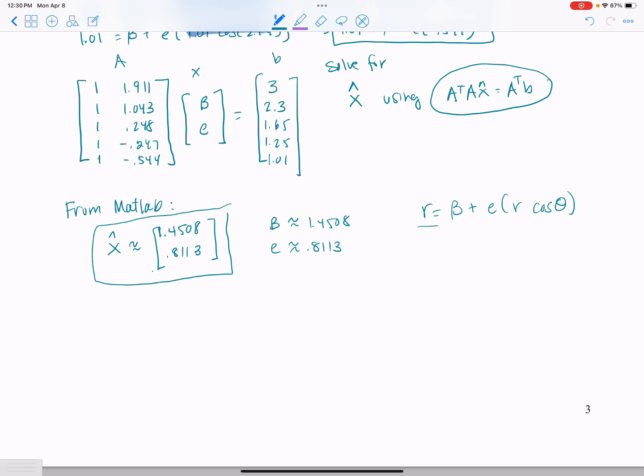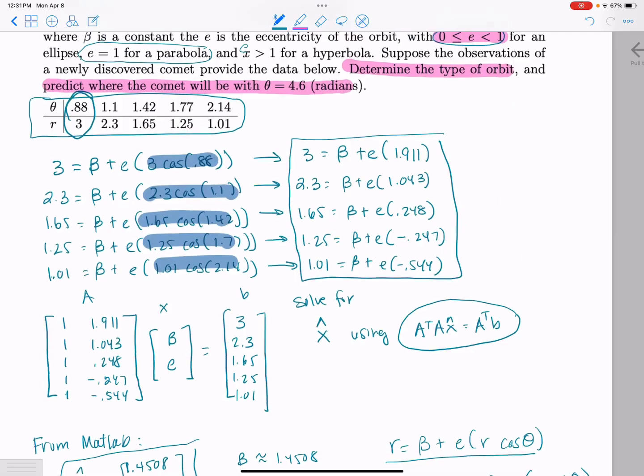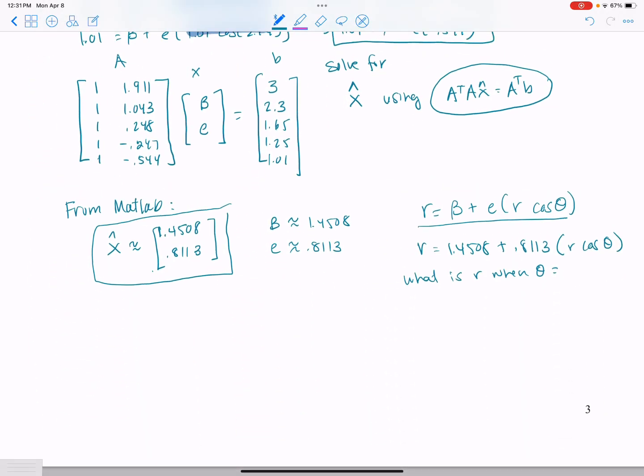Then it says predict where the comet will be when theta equals 4.6. We started with this initial equation, so I know that r is equal to 1.4508 plus 0.8113 times r cosine theta. And it wants to know what r is when theta equals 4.6.